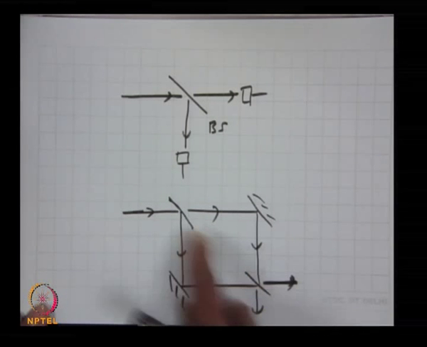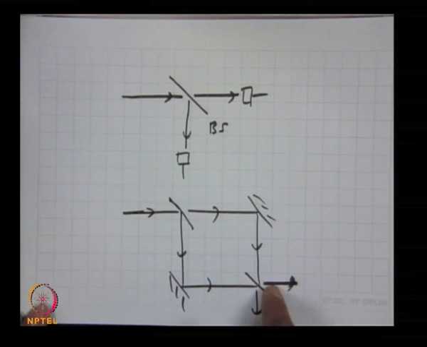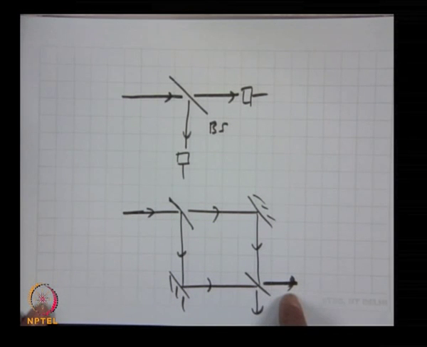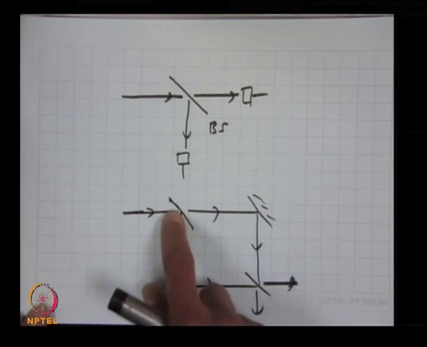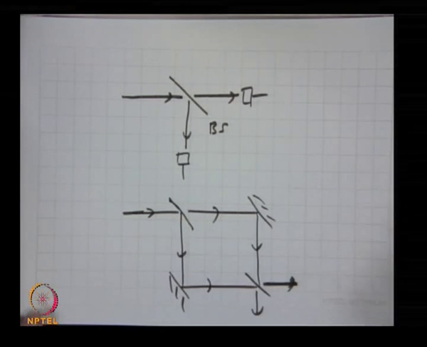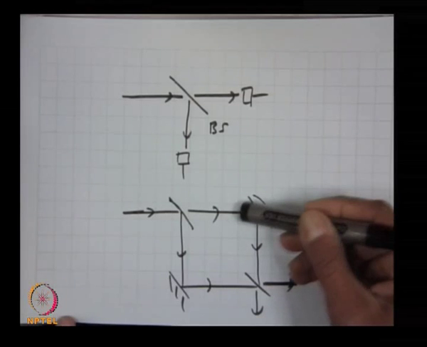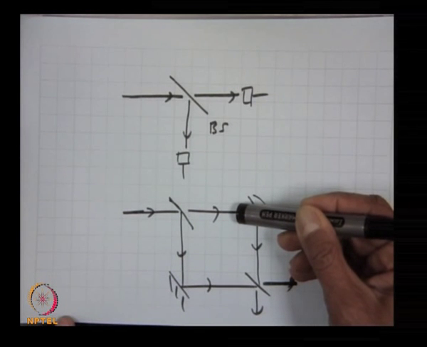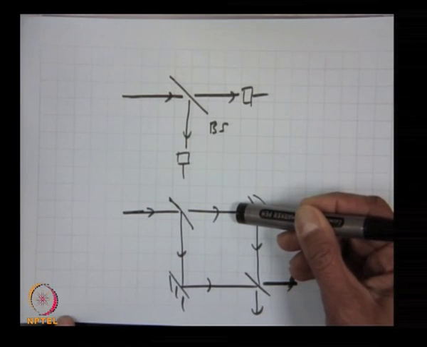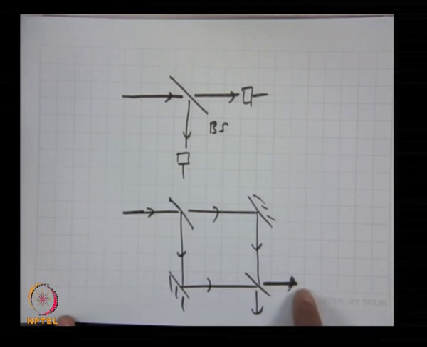So it looks as if the photon is taking both paths. If there is to be interference, there is no way other than, in a classical way of speaking, that the photon is going through both arms. If I put a detector here, I will always see a full photon or no photon. If I remove this detector, the photon always arrives here.